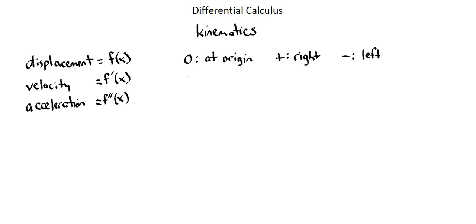A velocity of 0 means no movement. We are at rest. Positive velocity means movement right. And a negative velocity means movement left.